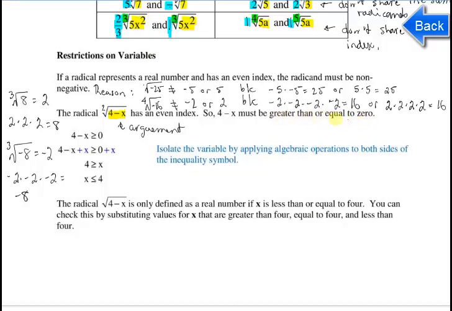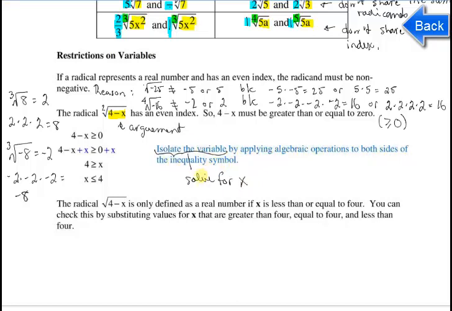Okay, and how do we write greater than or equal to 0? We write it as greater than and equal to 0. So whatever 4 minus x is, it has to be greater than and equal to 0. So once you write it as an inequality like this, what you want to do is isolate the variable, and isolating the variable simply means, in this case, to solve for x, by applying algebraic operations to both sides of the inequality symbol.